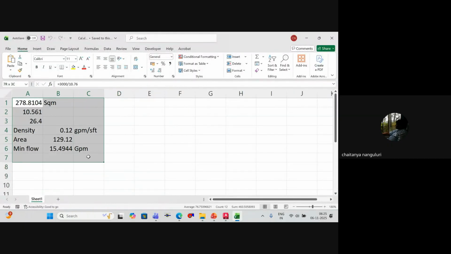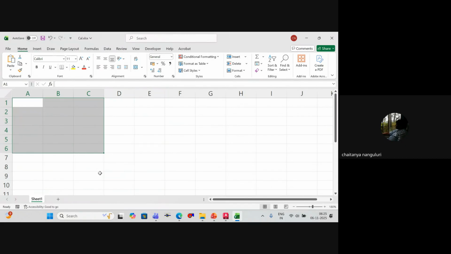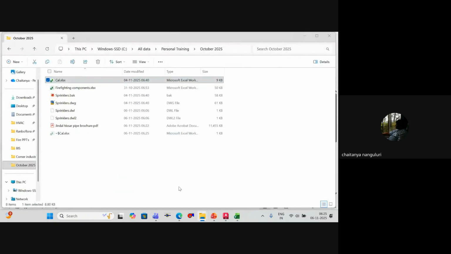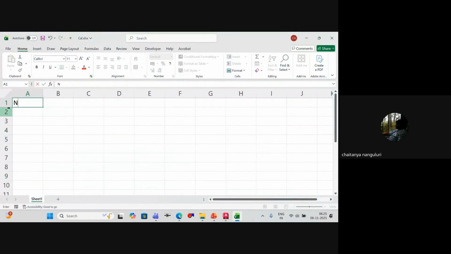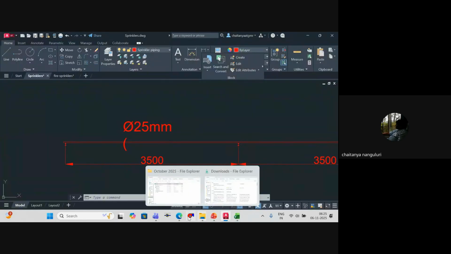What is the inner diameter? The nominal diameter is 25. We need the OD and the wall thickness so that I'll get my internal diameter. So what is the OD we have got from the brochure?